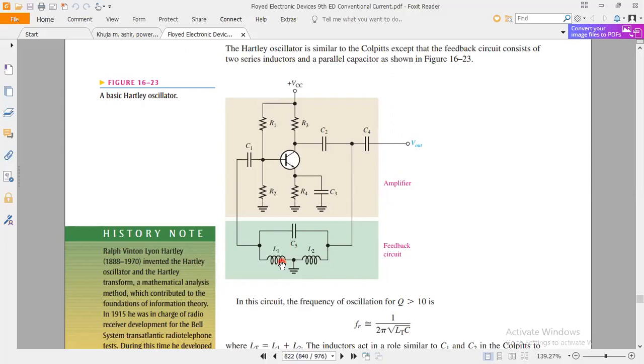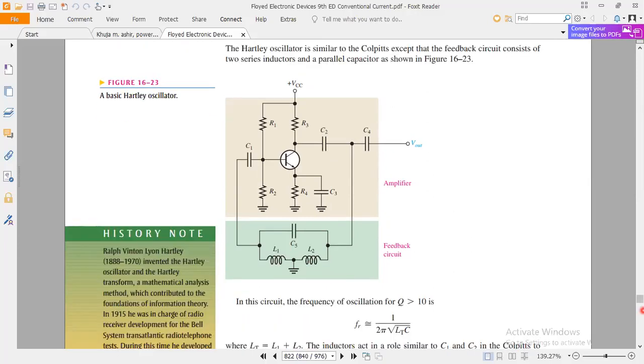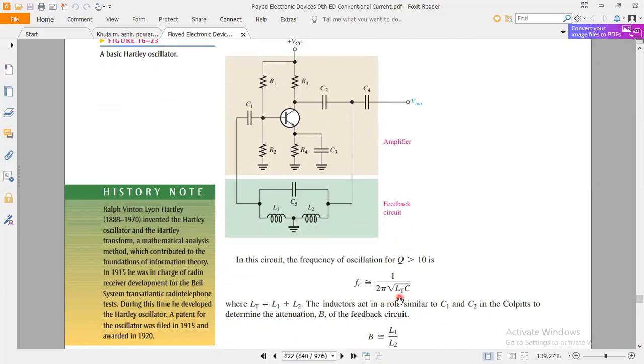So there is a little bit of change from the Colpitts and Clapp oscillators, in that we only change the feedback circuit. In series configuration, L1 is added with L2 and we get the total inductance.